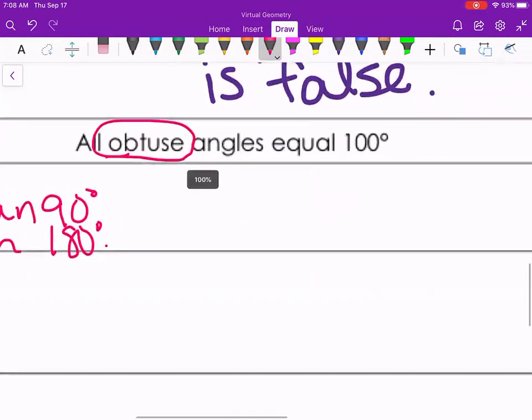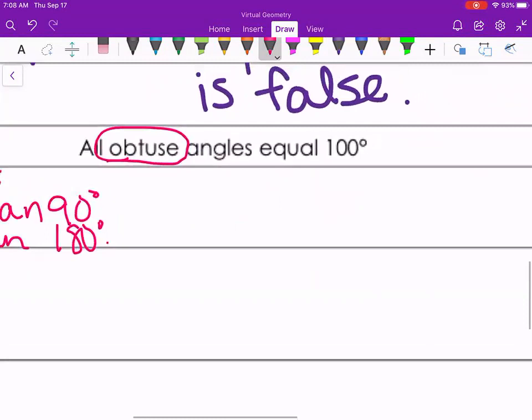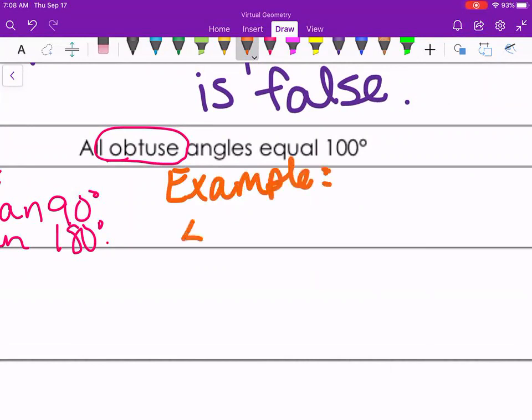So can I find an obtuse angle that is a value other than 100? And I can. I could have the measure of angle A is 105. That's not equal to 100, but it's still obtuse.